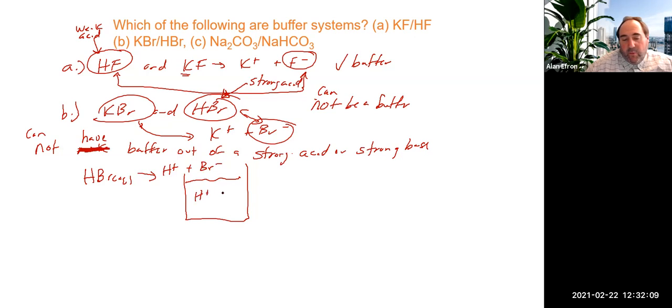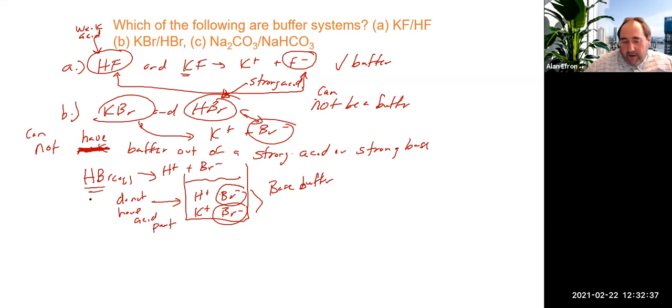So in this solution, what we're going to have floating around to start with is H plus and Br minus. We'd also have some K plus and Br minus. So when we're looking at the solution, we do have the base part of the buffer, but we're missing a very critical part. We do not have the acid part of the buffer. Again, because the HBr will not set up an equilibrium because it's a strong acid, it's going to 100% break apart.